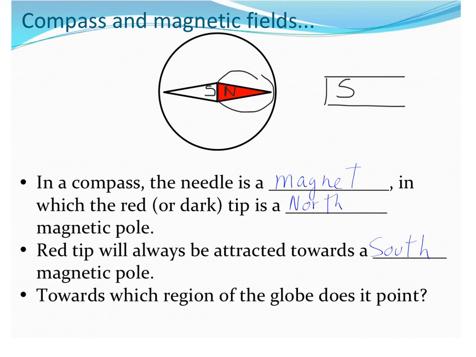And when we use a compass regularly on Earth, the north magnetic pole of the compass, so the red end, always points towards the south magnetic pole of the Earth, which happens to be nearby the geographic North Pole.